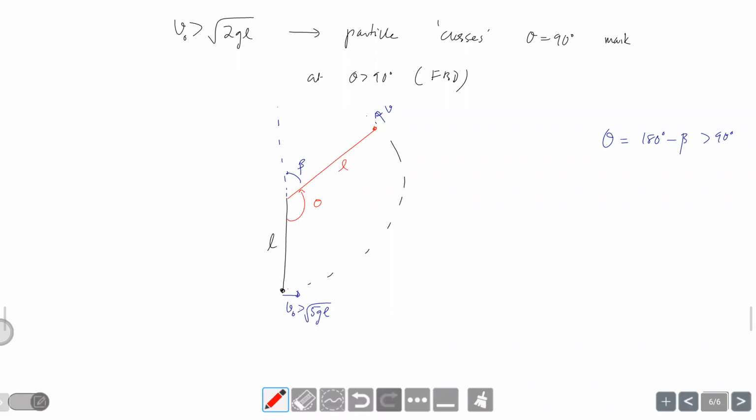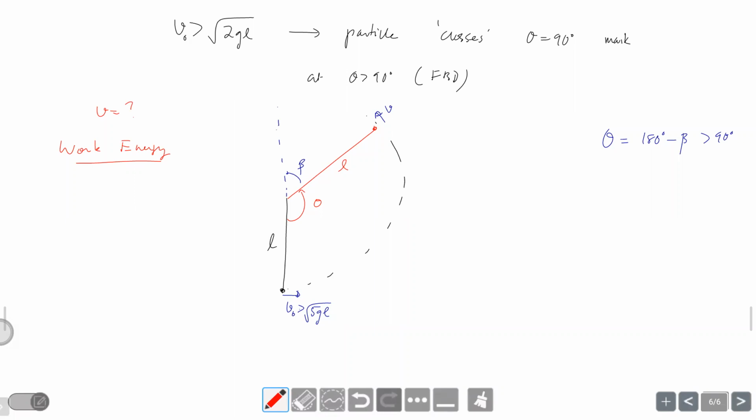The formula for V from work energy. Will the V naught square term be the same or will it change? It will change if you write it in terms of beta. Because now see what is happening.